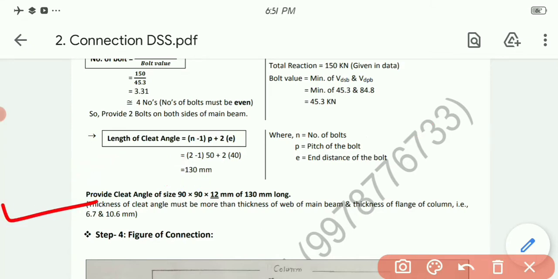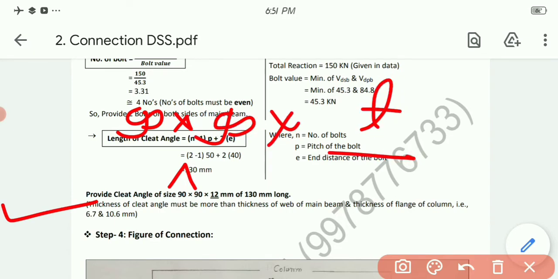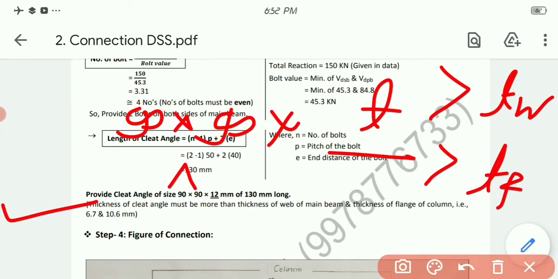And finally, deciding the size of the cleat angle. We have already discussed that the cleat angle is usually assumed as an equal angle, so 90 by 90 is fixed. While deciding the thickness, we should always take care that the thickness of the cleat angle must be greater than the thickness of web of the beam and thickness of flange of the column.